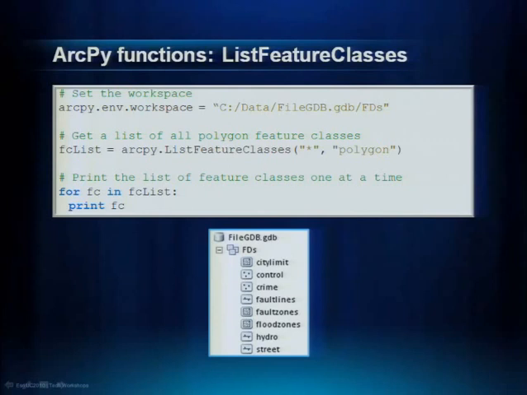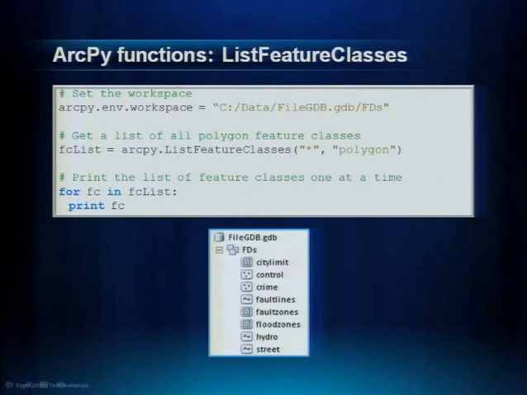With that star there, that's just a wildcard character, so no matter what the name of the feature class, it'll be returned in the list. You could do something like S and then the star, and only those that start with the letter S would be returned in the list. In that second parameter, you're able to specify a shape type that you want to use as a filter.